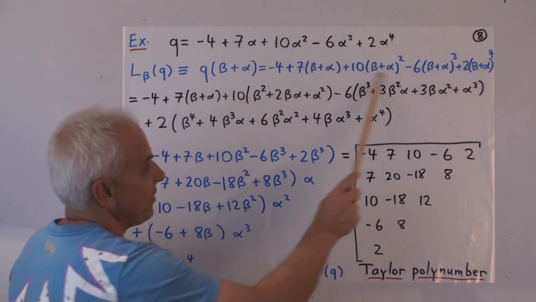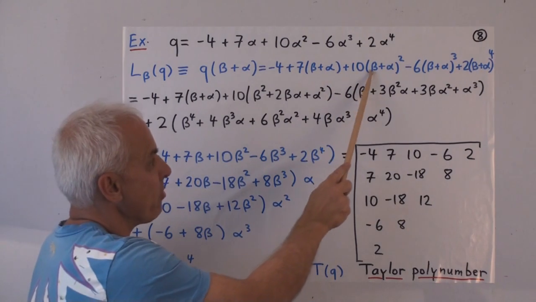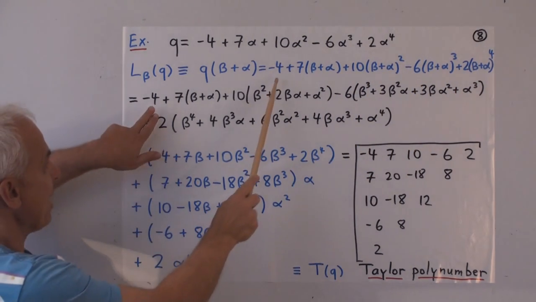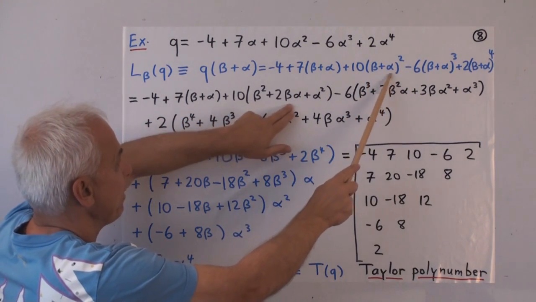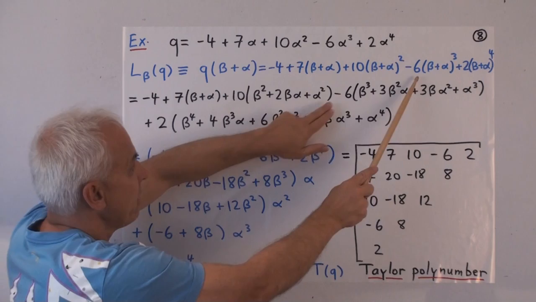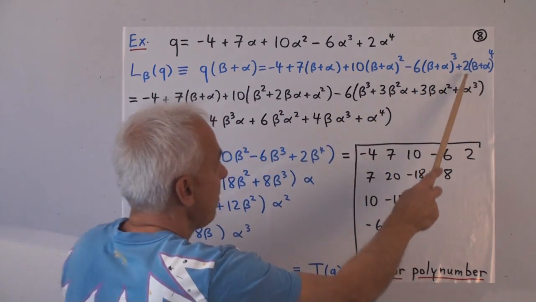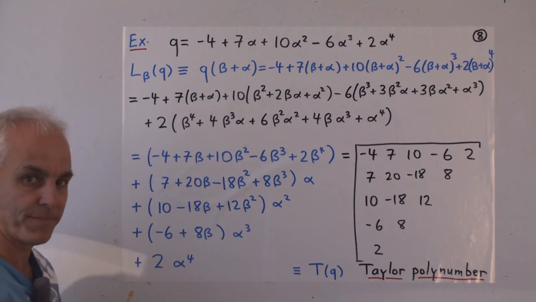Now we have to expand this out, which is a pleasant task because it's just the binomial theorem applied several times. So there's minus 4 plus 7 times beta plus alpha, 10, we're expanding beta plus alpha squared here, minus 6 expanding beta plus alpha cubed there, plus 2, there's beta plus alpha to the fourth.